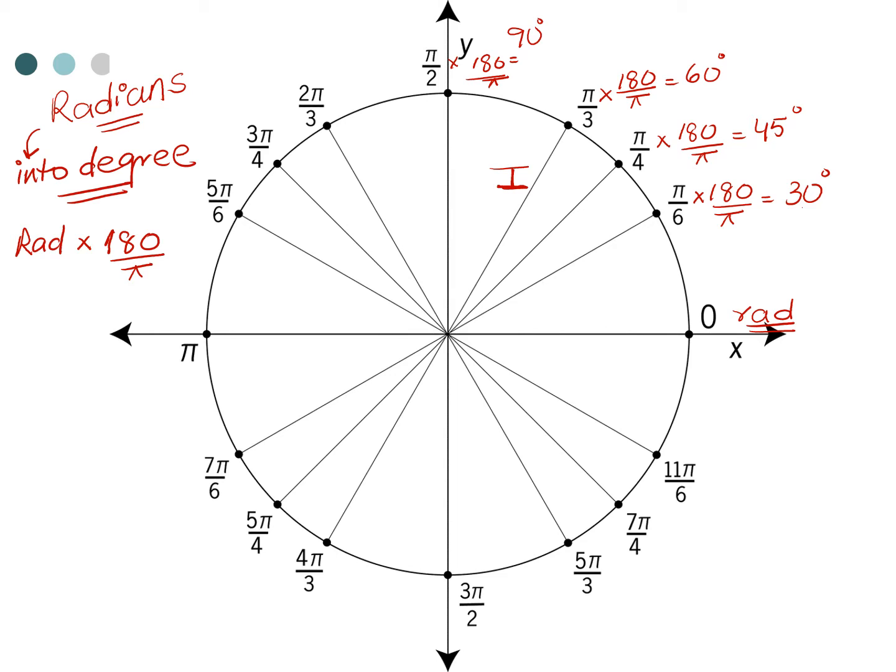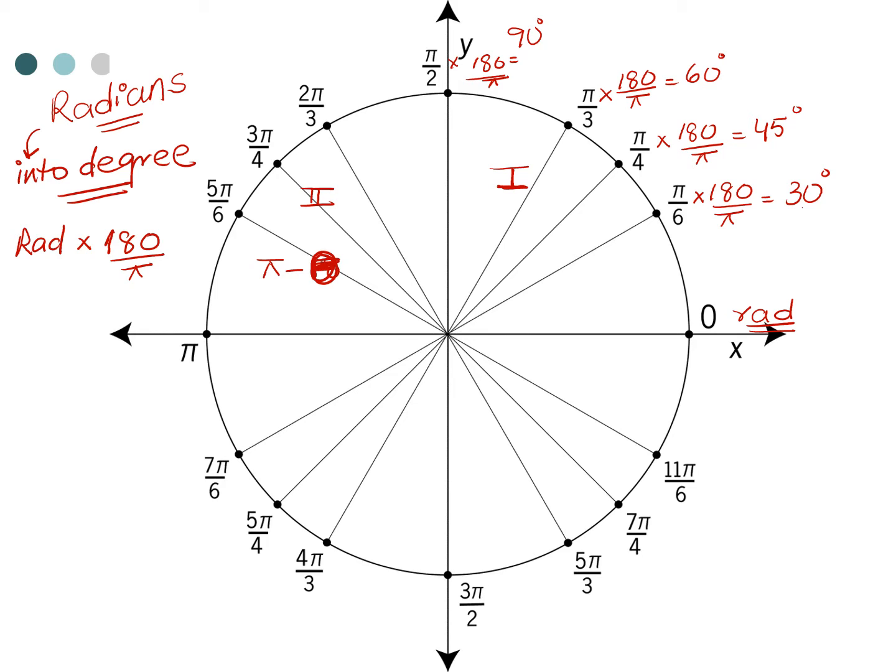To jump from the first to the second quadrant, we have already studied that the formula we use is pi minus theta. And what is theta? Theta is the special angle, meaning any angle which lies in the first quadrant.